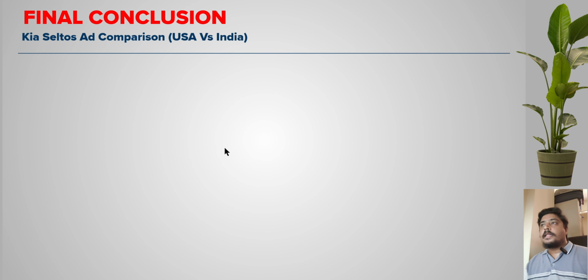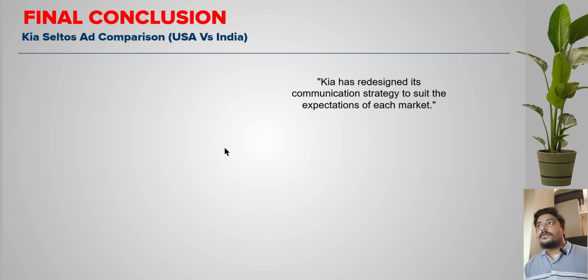So now the final conclusion is, what we can say is Kia has redesigned its communication strategy to suit the expectations of each market. That means they have completely redesigned their communication on the basis of the Indian market and on the basis of the American market, in a completely different way.